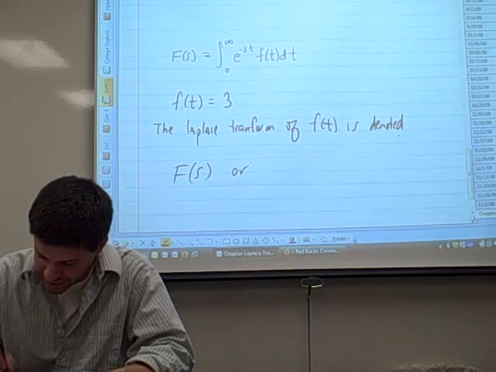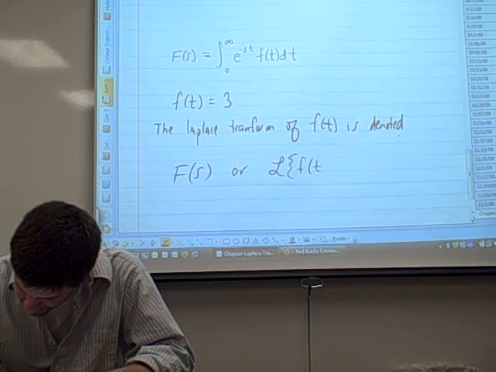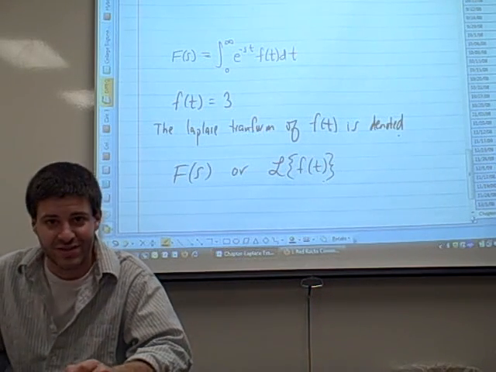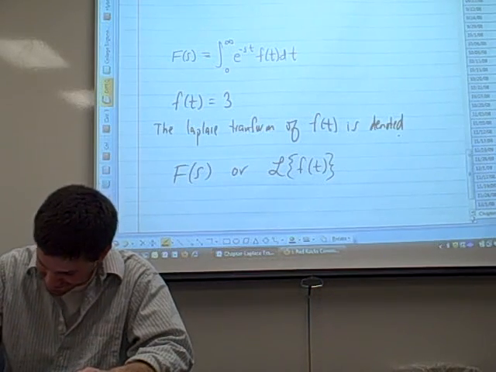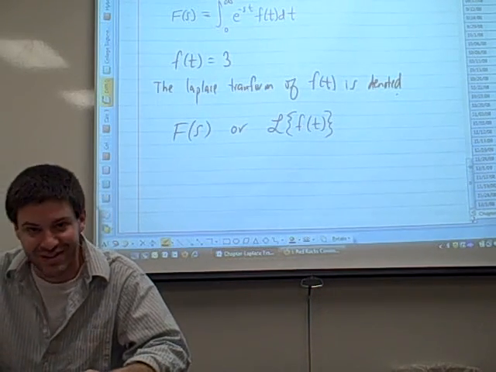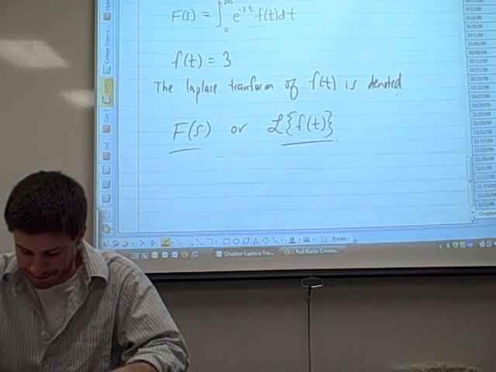Another way to denote the Laplace transform is with a fancy script L and a couple of brackets. Either of these lines mean the Laplace transform of the function f of t.